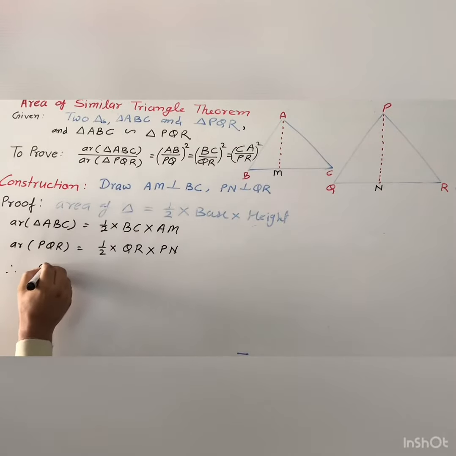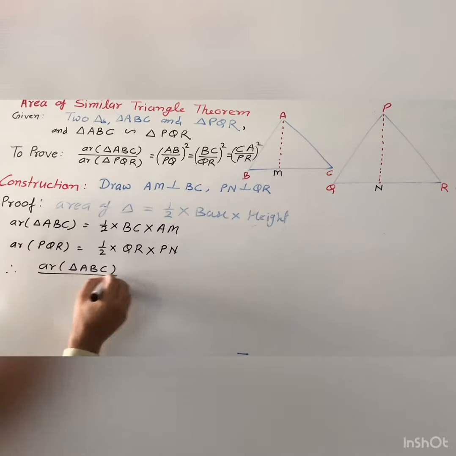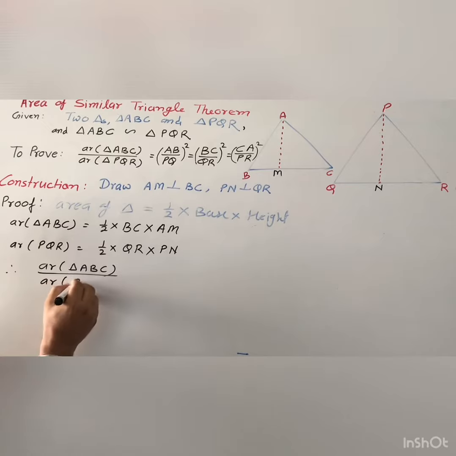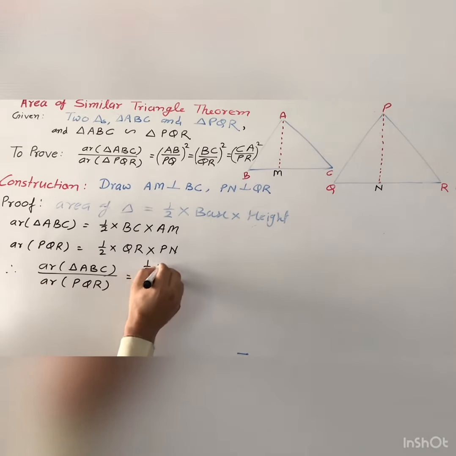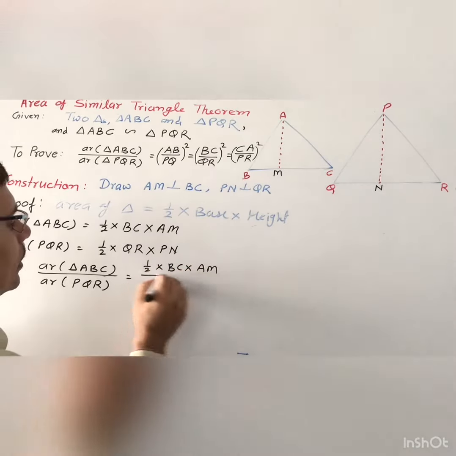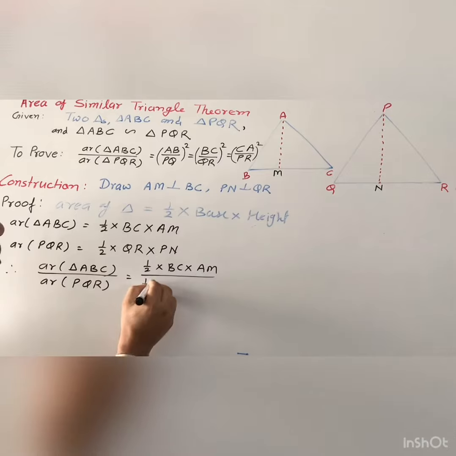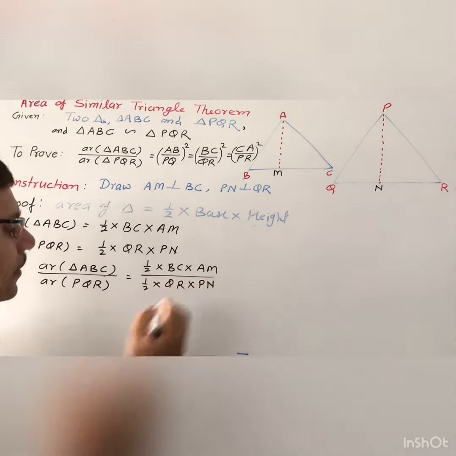Therefore, area of triangle ABC divided by area of triangle PQR is half into BC into AM divided by half into QR into PN.